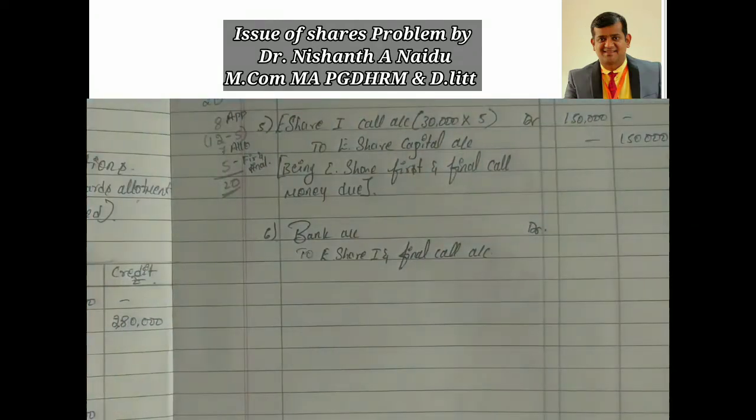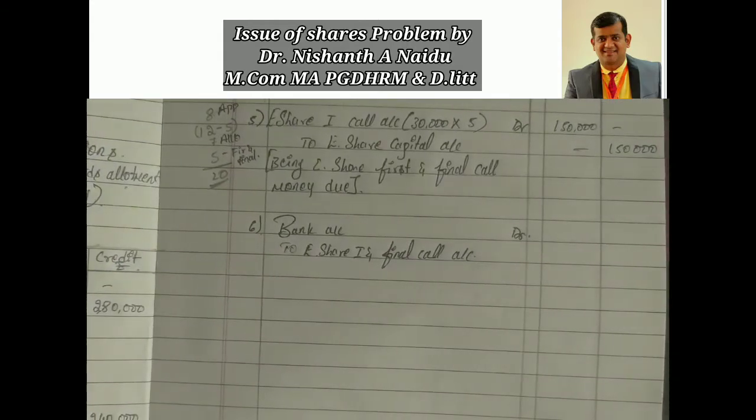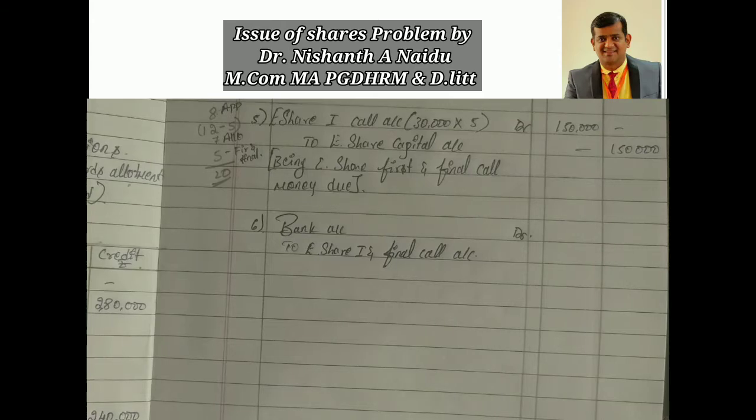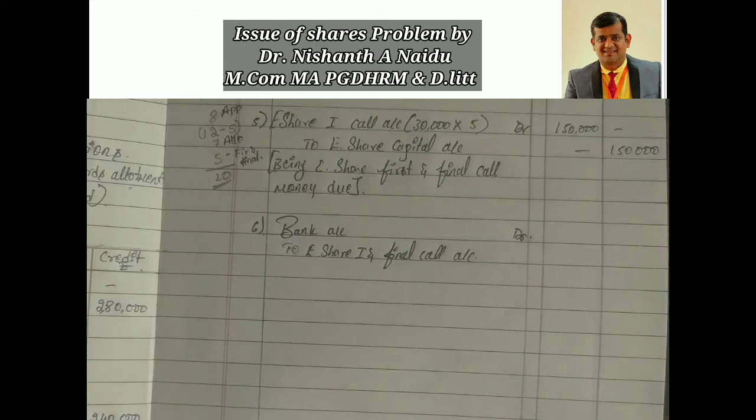So in the problem, if you look at the adjustment part, they clearly said that for Mr. Shankar, 600 shares were allotted, he failed to pay call money, and his shares were forfeited and reissued to Mr. Raghavendra at rupees 18 per share.